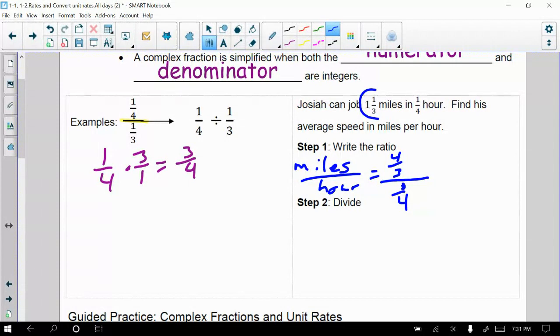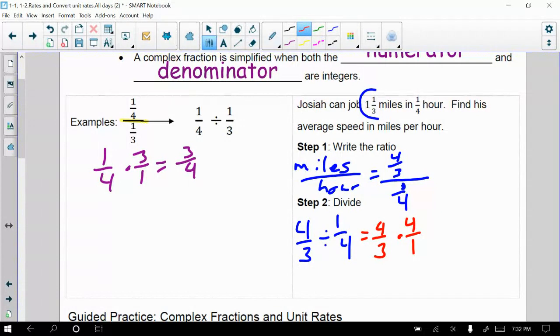Okay, so it's really like saying I have 4/3 divided by 1/4. But we know that's not what I can do. I really have to take my 4/3 times 4/1.